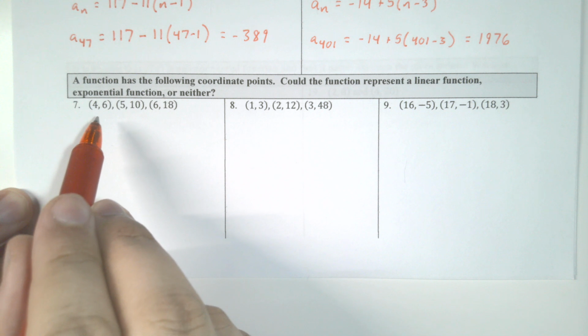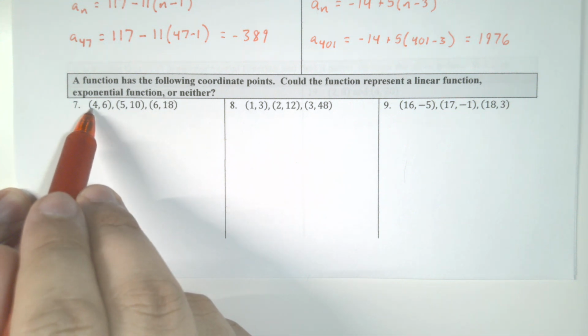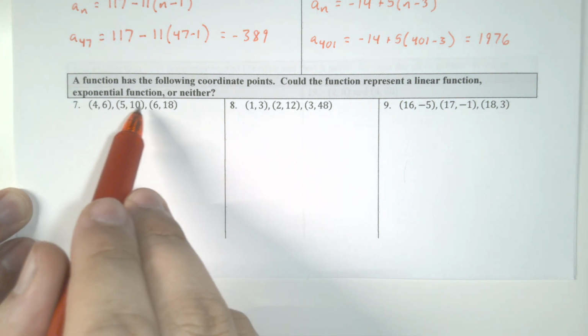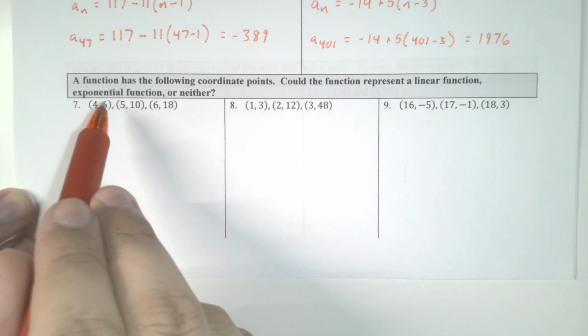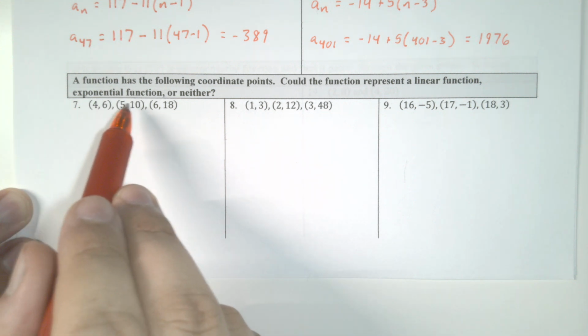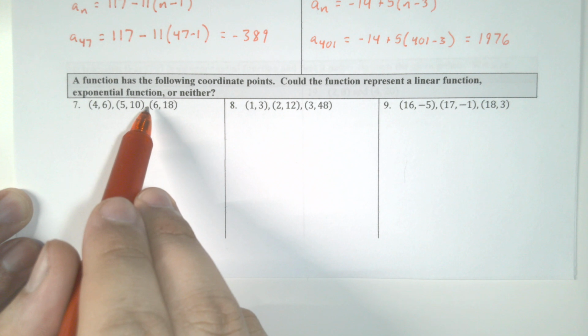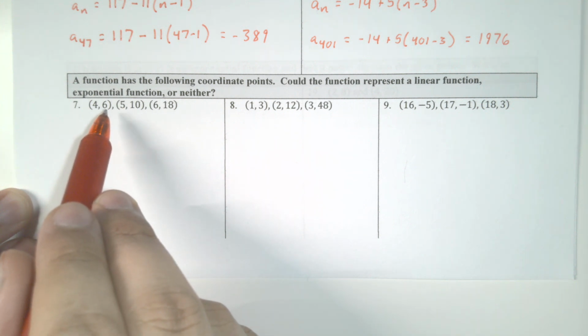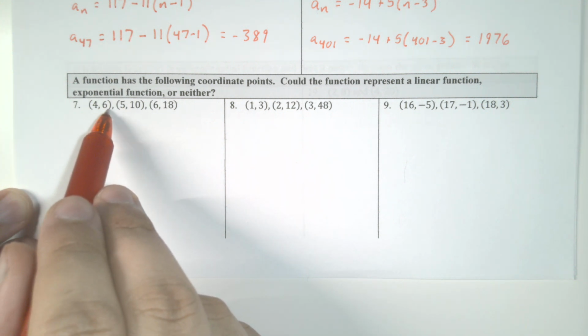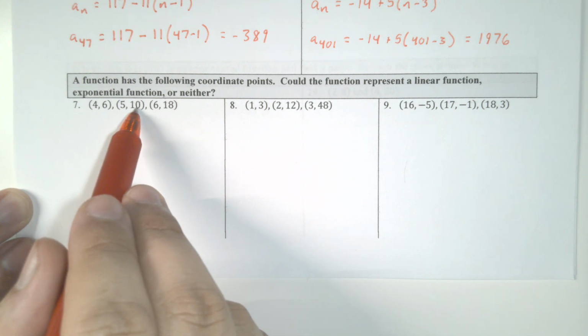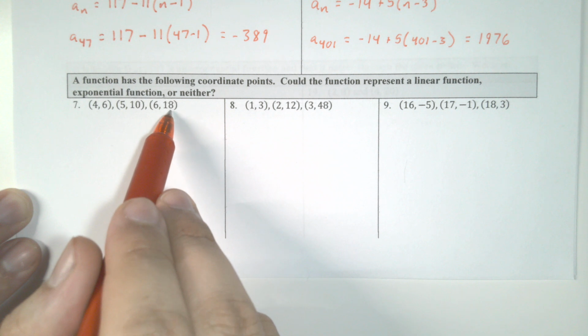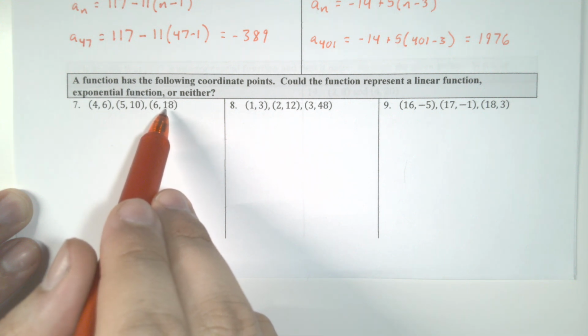What's nice is first we need to confirm that our x values are increasing by the same amount every time. So 4 to 5 to 6 is all increasing by 1, so that's good. And then 6 plus 4 is equal to 10, but 10 plus 4 is not equal to 18.